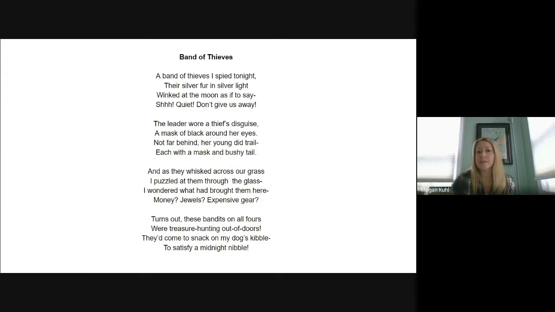Okay, so if you look at stanza 4, there are some important words in the poem that help us figure this out. The words snack and my dog's kibble and a midnight nibble.